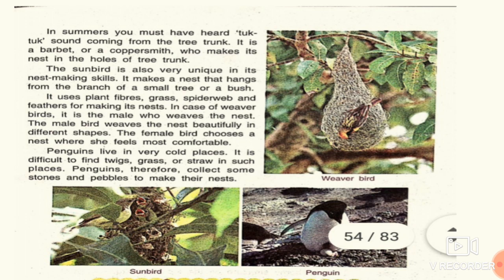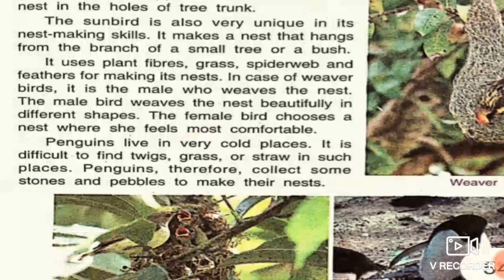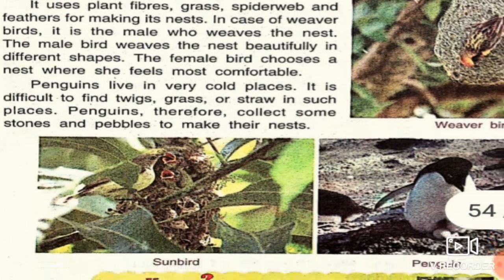The sunbird uses plant fiber, grass, spider web, and feathers for making its nest. You can see the small chicks are also there.